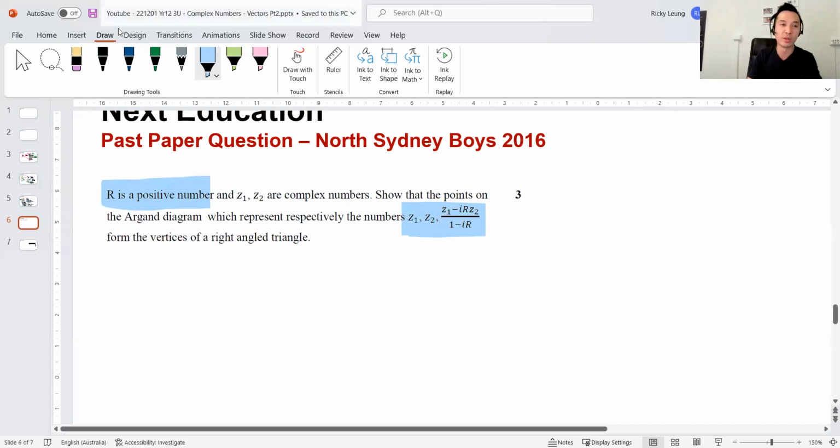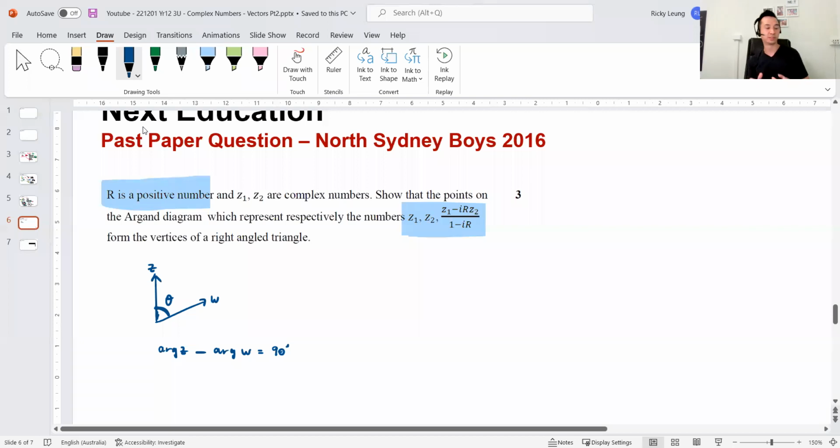But in complex numbers, one of the most common ways to prove right angle triangles is to prove that the argument in between here, let's say, for example, this was Z and this was W. If you can prove that the argument of Z minus the argument of W equals 90 degrees, then you're sweet. That is the point.